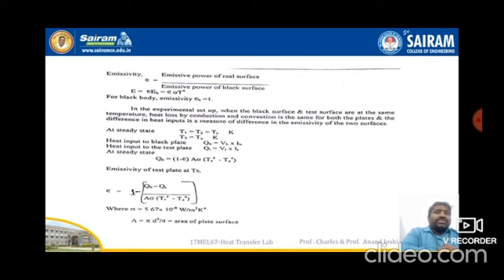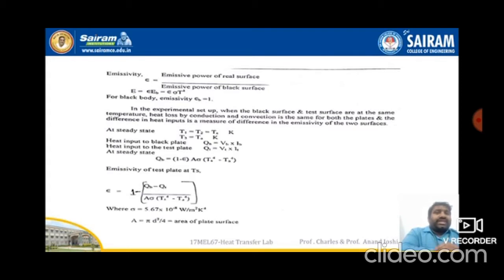In the experimental setup, the black surface and the test surface are at the same temperature, so the heat loss by conduction and convection is the same for both plates. Hence, it is neglected, and we consider only thermal radiation.